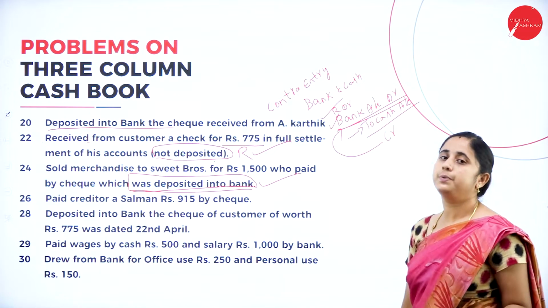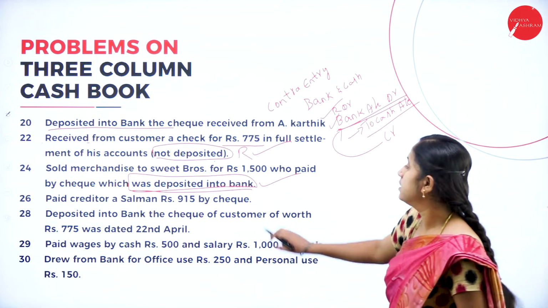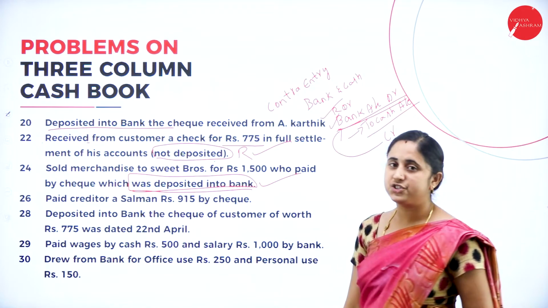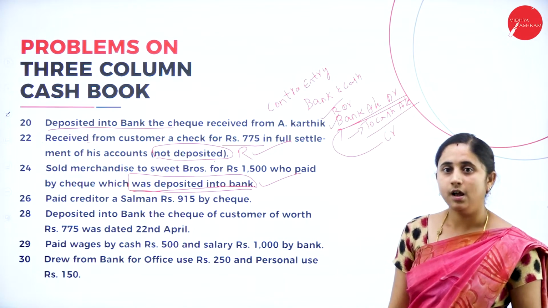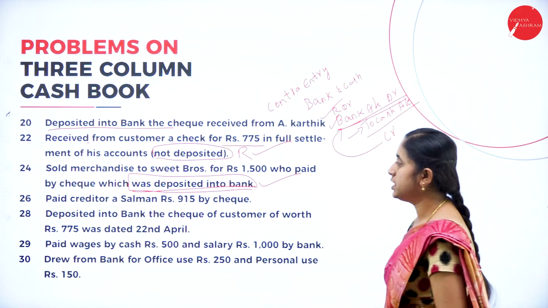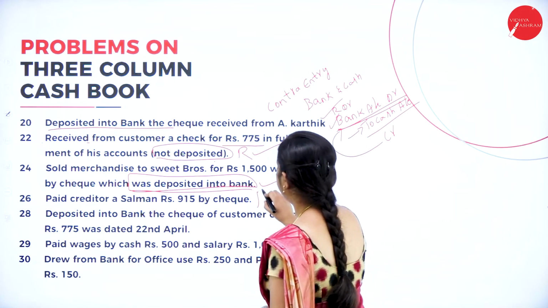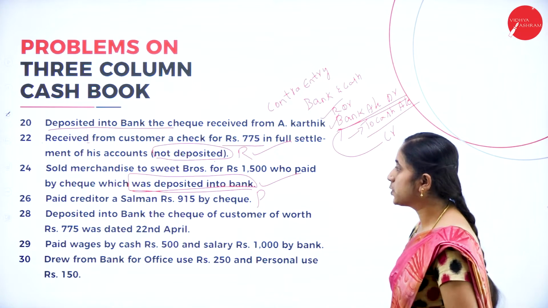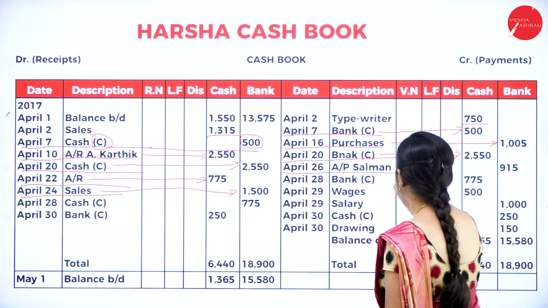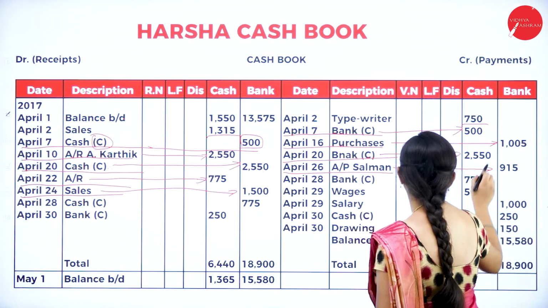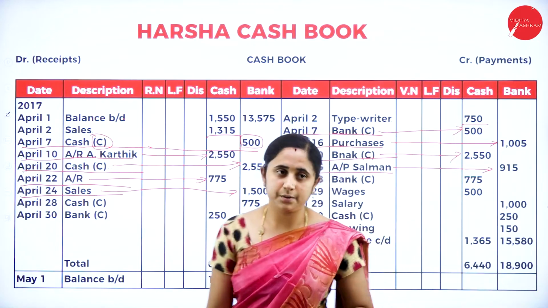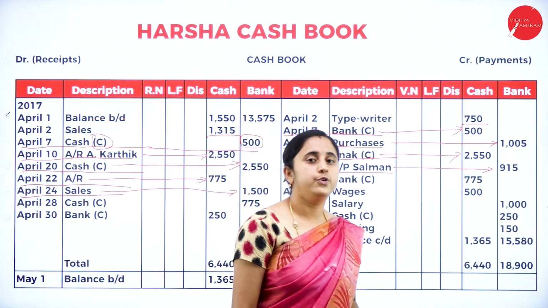That means you are going to pay. This is the payment for the creditor, 915 by check, that means through bank you are paying for creditors. So write on the payment side, April 26th, account payable, that is Salman. Through bank you are paying, so in the bank column write amount 915.